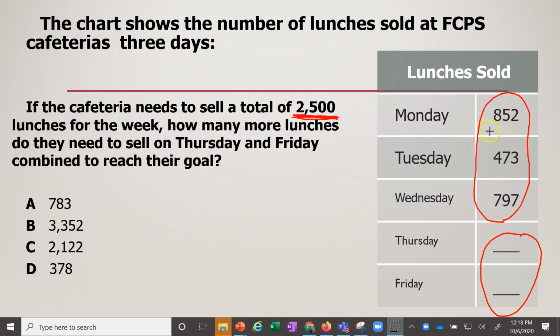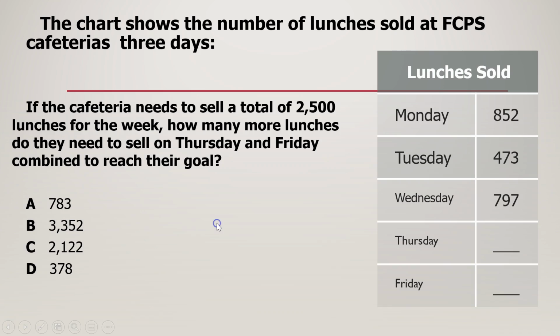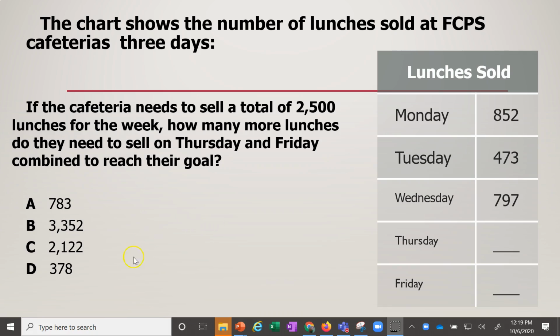So what I would do is add up all the lunches that were already sold, and take it away from 2,500. Students, pause this video, and you can check your answers with me in just a moment.